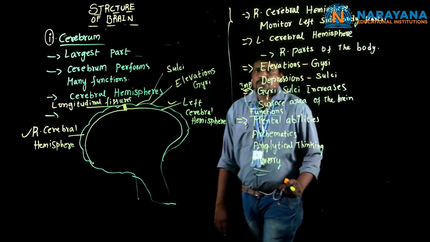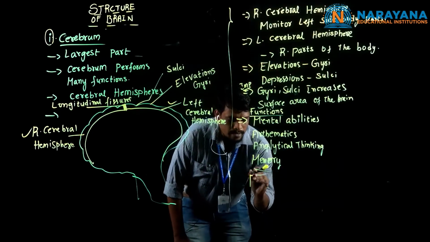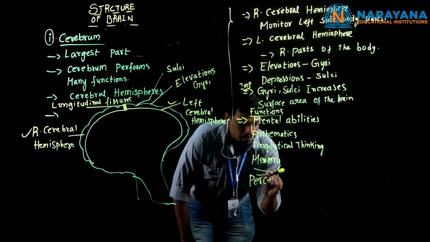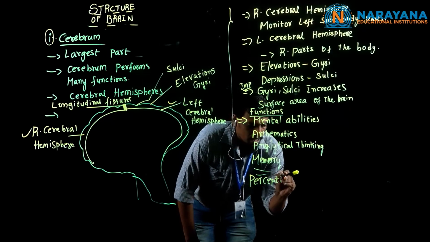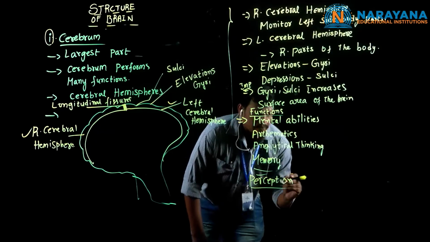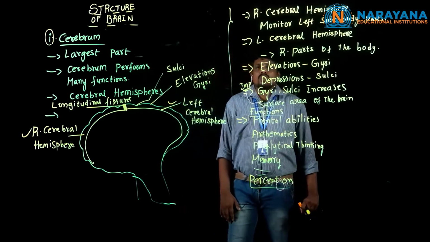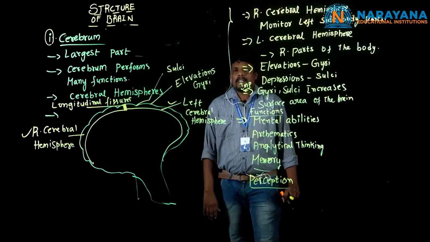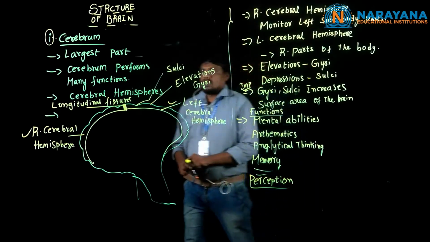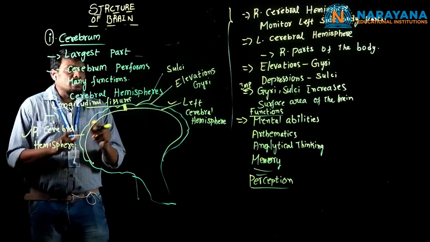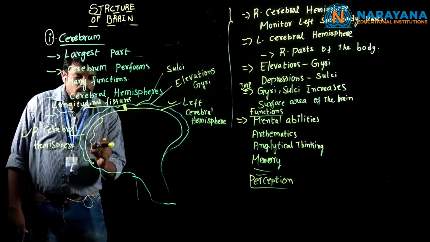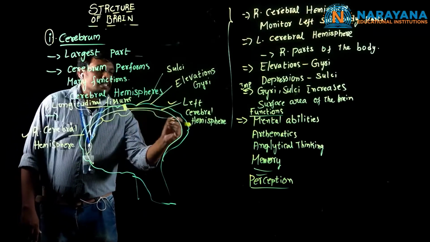What do you mean by perception? Remembering something is called perception. Even it is under the control of cerebrum. Clear? The brain surface area generally looks like this.